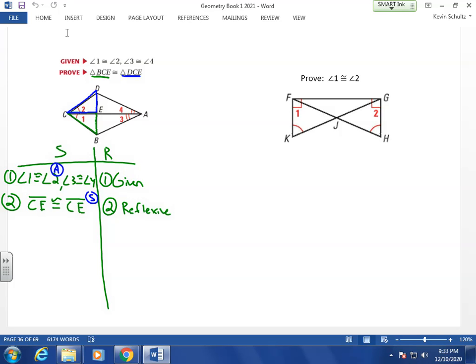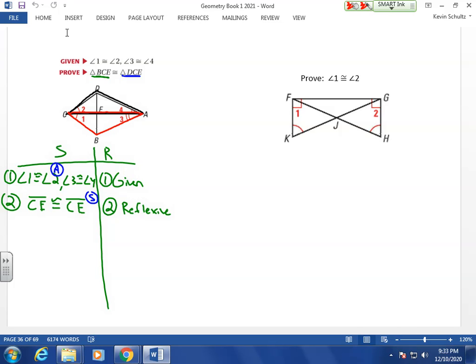Okay, where can I go from here? Well, they wouldn't give us that angle 3 is congruent to angle 4 if it wasn't going to be important here. Because instead of putting my focus on the triangles I'm going to be proving initially, I want you to take a look at this top triangle and this bottom triangle.